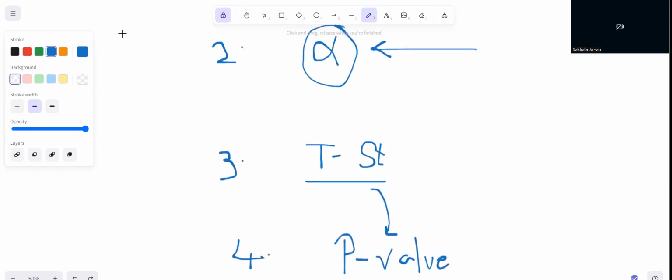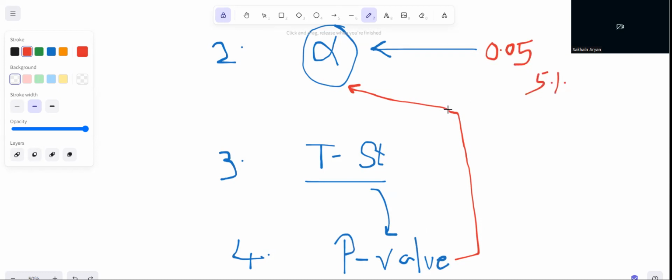What is my significance level? I'll compare it with my alpha. I have a probability value and I'll compare it with my alpha. Now, the value of alpha which is most widely accepted is 0.05, which is basically 5%.